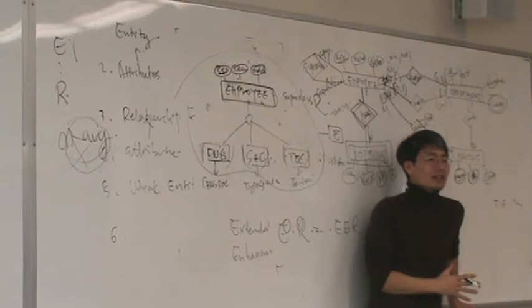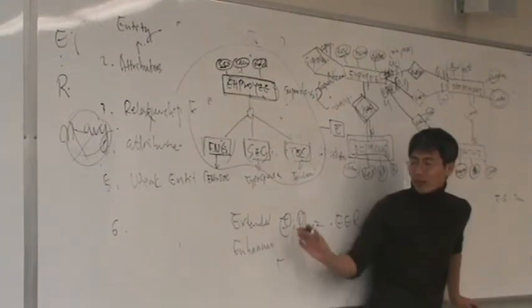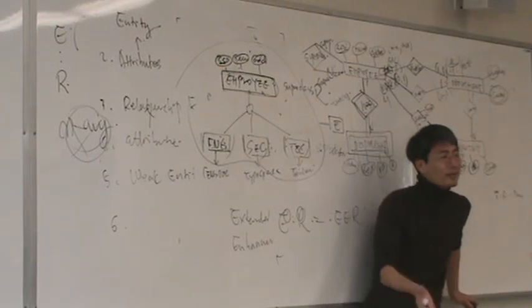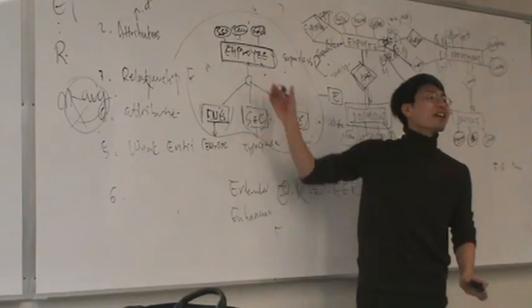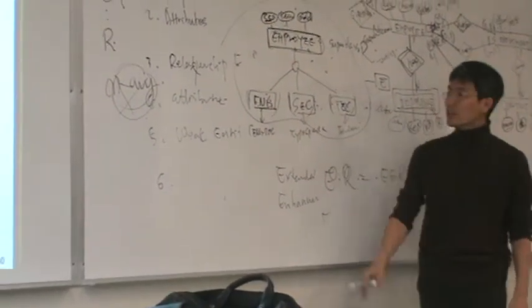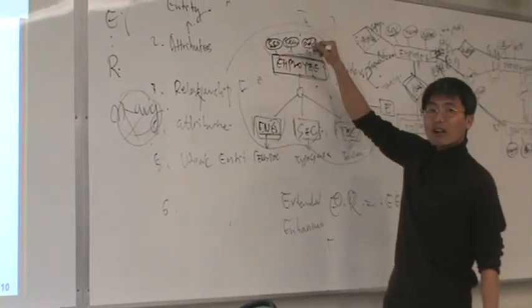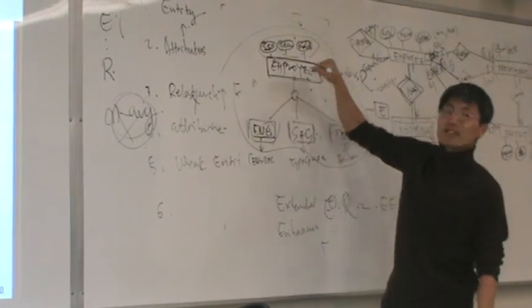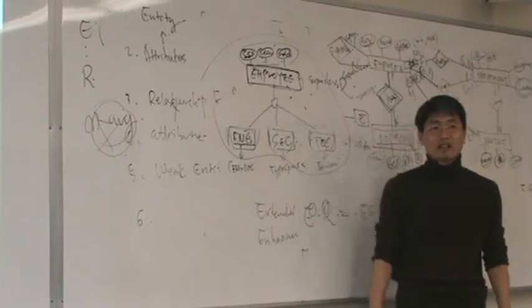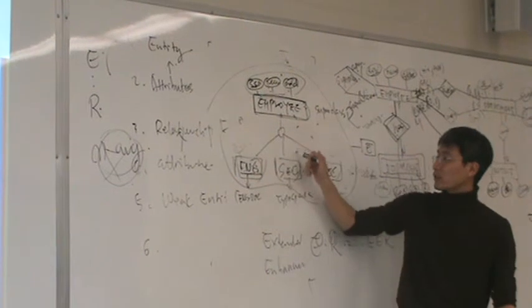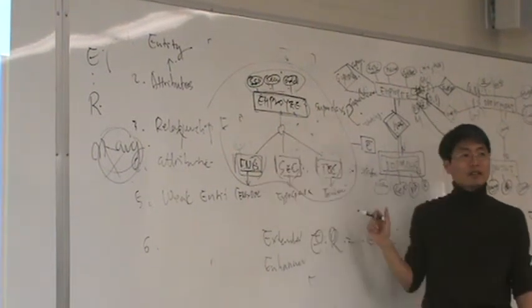Can you remember the characteristics of the object-oriented concept? It has encapsulation and inheritance, something like that. It has inheritance also, which means engineer inherits all the attributes of the superclass employee automatically, even though we do not represent this. It's automatic.